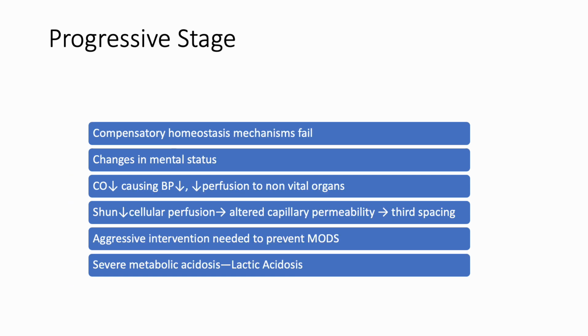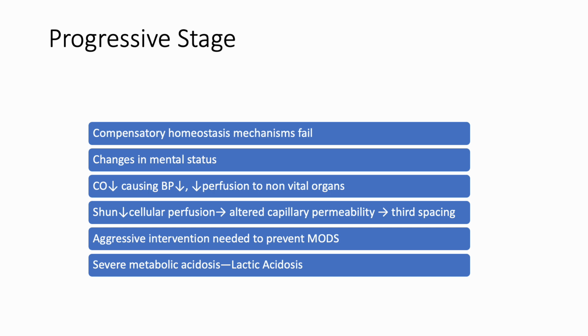In the progressive stage of shock, compensatory mechanisms fail, leading to further deterioration. Patients exhibit mental status changes due to decreased brain perfusion. Cardiac output and blood pressure now start to drop, causing reduced perfusion to non vital organs.